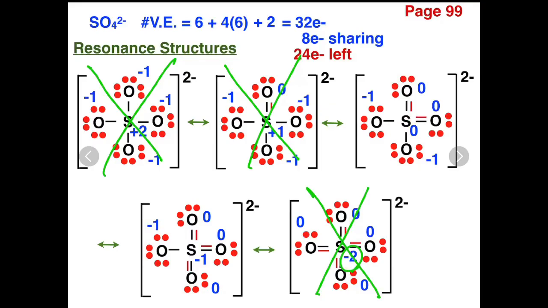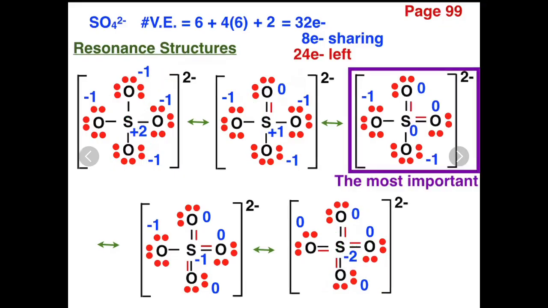So now which one is better? That is when you need to look up the electronegativity again, and you want the negative formal charge to be on the most electronegative atom, and that is going to be oxygen instead of sulfur. Therefore, in this case, this would be the most important structure for the sulfate Lewis structure.